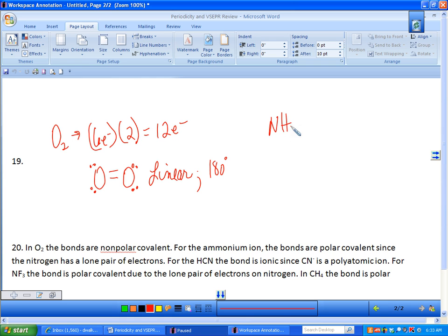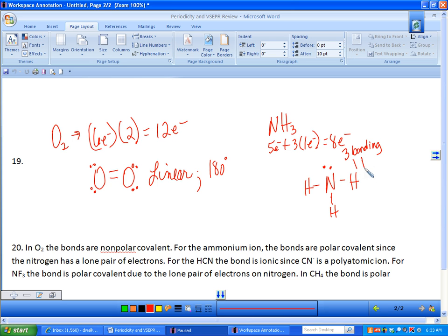NH3, nitrogen has 5 electrons. There are 3 hydrogens, so that's 8. So I put an N in the middle, come around and put a hydrogen. So I have 2, 4, 6, 8. 8 around my nitrogen. Each hydrogen has 2. This is going to push these hydrogens as far away as possible. So I have 3 bonding pairs of electrons.